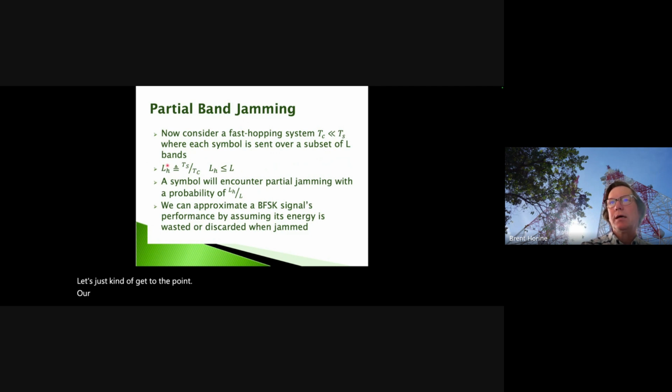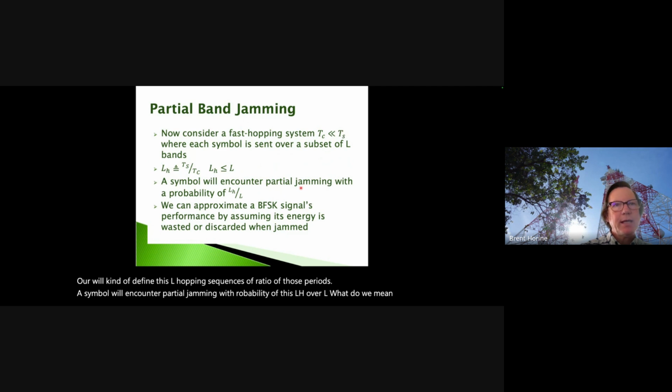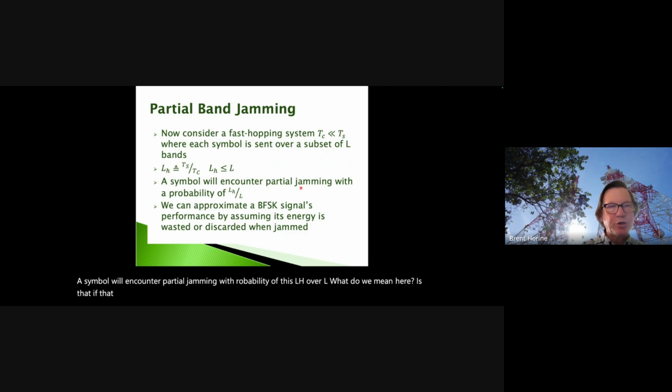We'll define this L hopping sequence as a ratio of those periods. A symbol will encounter partial jamming with probability of L_H over L. What we mean is that if that symbol's energy is spread over L different channels, that jammer is going to wipe out 1/L of the symbol.